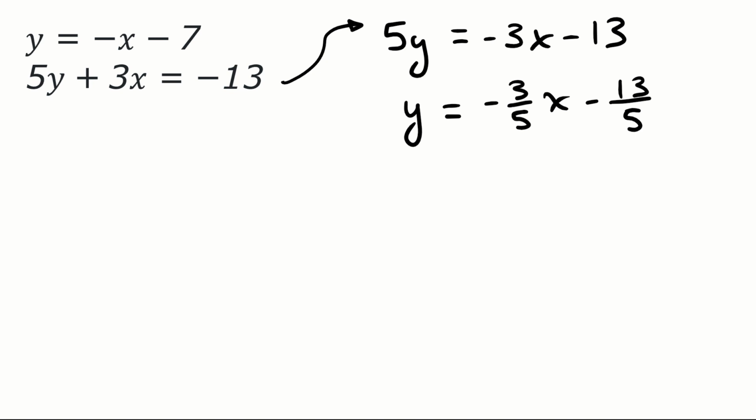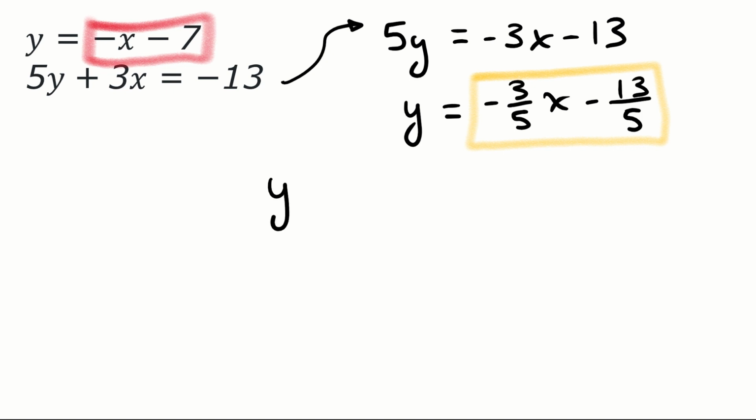What's nice is this negative 3 fifths x minus 13 fifths is equal to y, but also y is equal to the opposite of x minus 7. So since y is equal to y, we can take these equal values and set them equal. They're equal to each other.